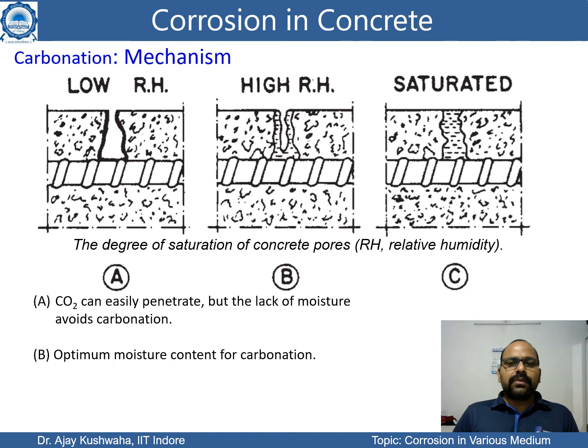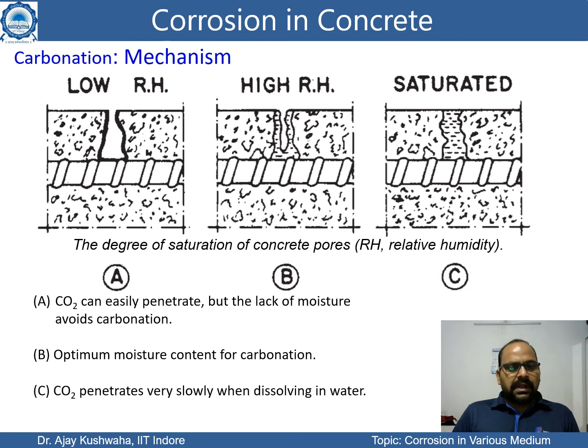Here the optimum amount of water is available, and at the same time it allows the CO2 to reach the site, and therefore carbonation is possible. But in the third case, CO2 penetration is very slow when dissolving through water, so this structure also does not easily go for carbonation.